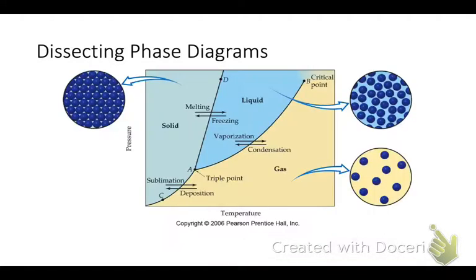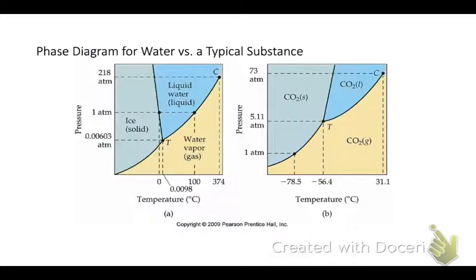Now, when we look at another picture here, this picture shows you what I was trying to explain, the different changes and the different processes at every line on the phase diagram. This is the phase diagram of any typical substance, and this is really important.